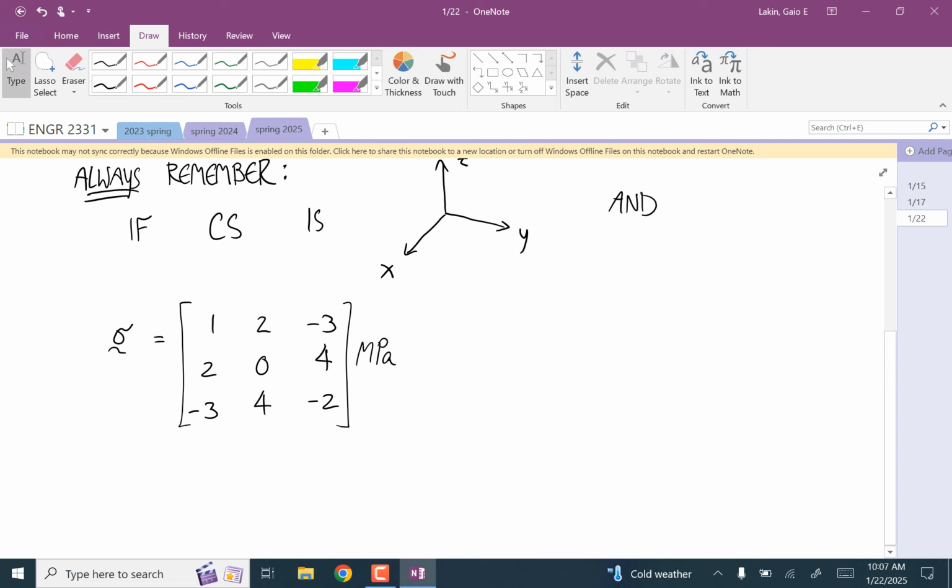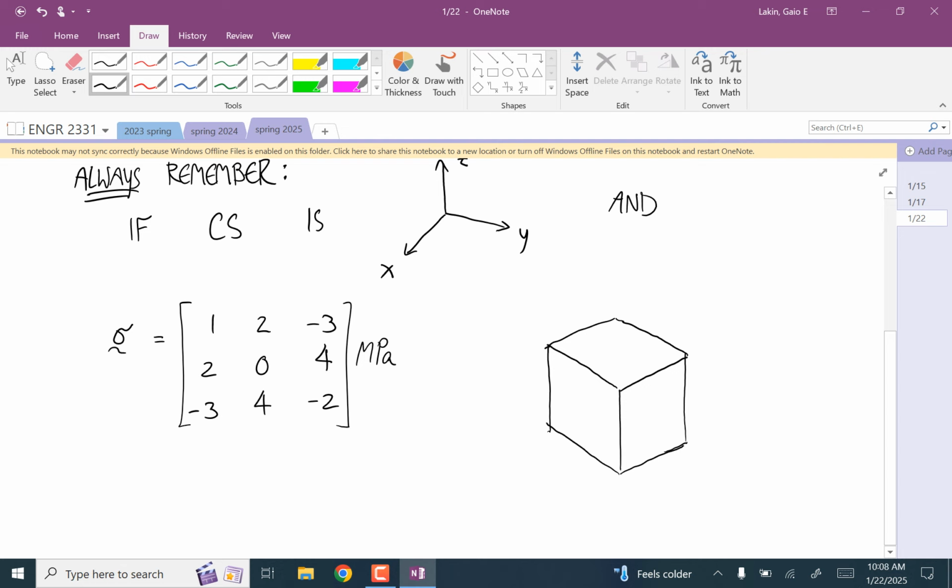That means that the stress cube is lined up according to those coordinate axes.